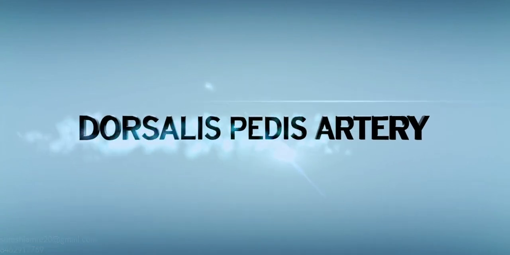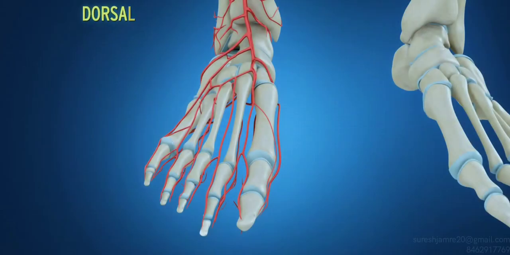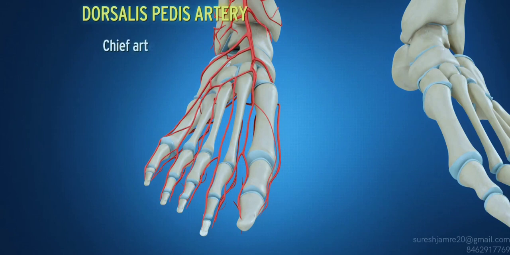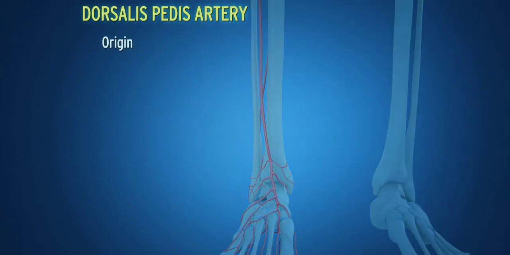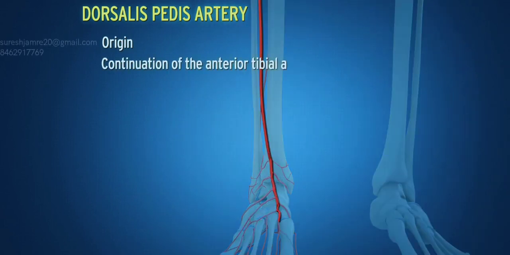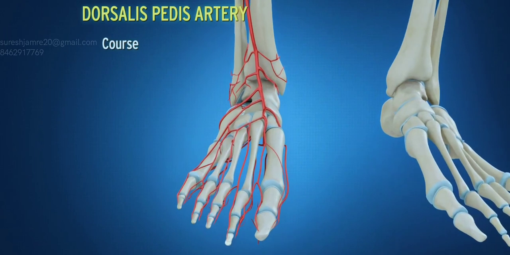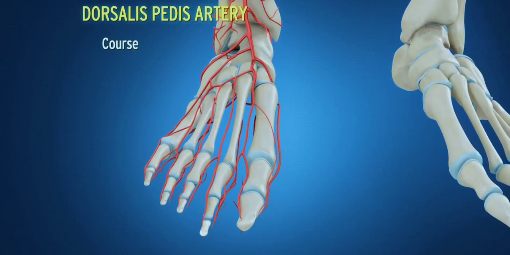Dorsalis pedis artery. It is the chief artery of the dorsum of the foot. Origin. It is a continuation of the anterior tibial artery on the dorsum of the foot in front of the ankle. Course. The artery begins in front of the ankle between the two malleoli.